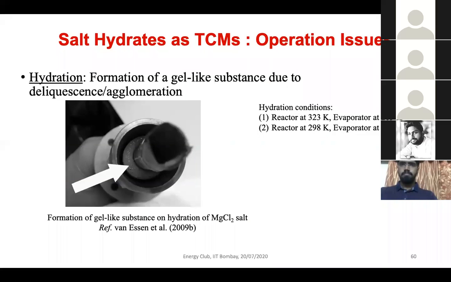Some molecules of the salt will agglomerate and form a big chunk of material. And if you have a big chunk, then you cannot utilize it for the next cycle, because you will not be able to extract moisture or water from individual molecules. That will be a big problem.